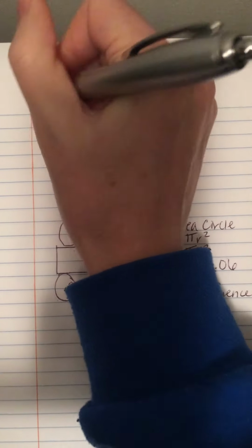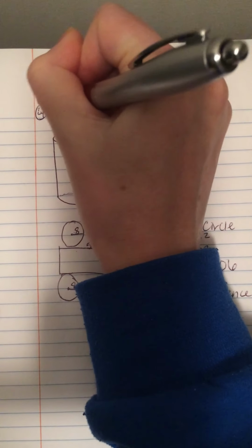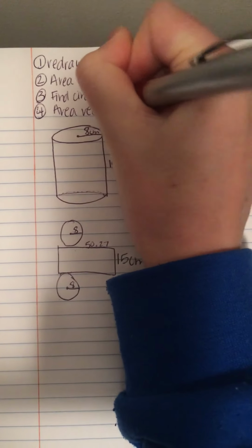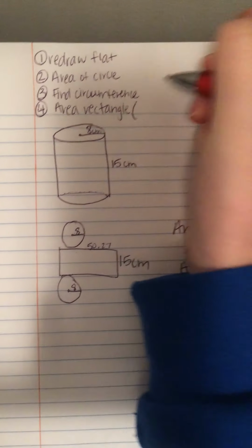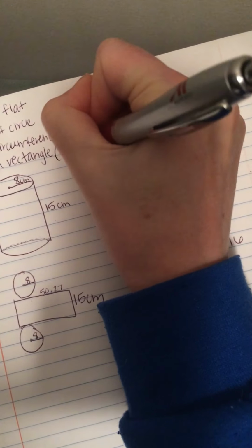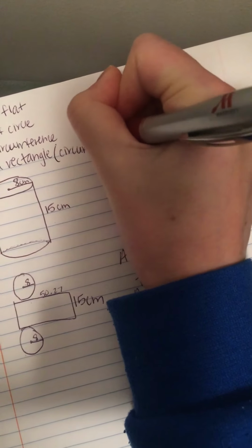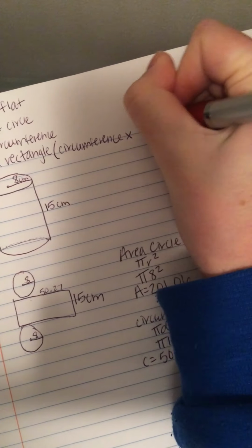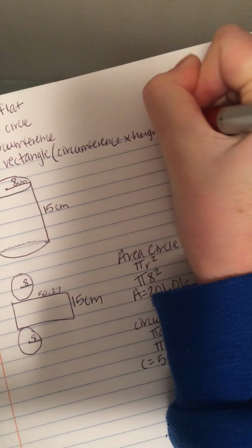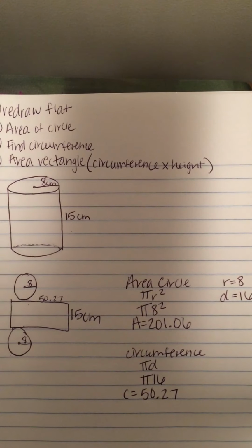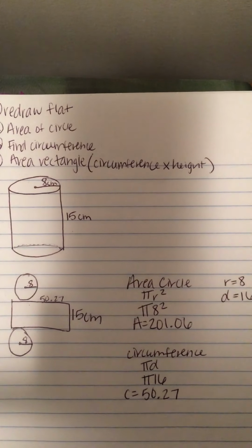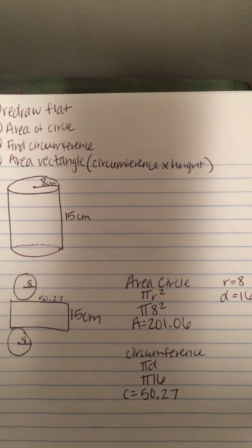Step number 4 would be find the area of the rectangle, which would be the circumference times the height of the rectangle. The whole point of finding that circumference in step number 3 was to use that to find the area of the rectangle in step 4.